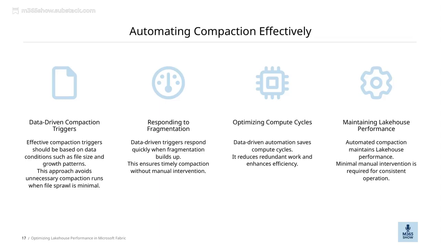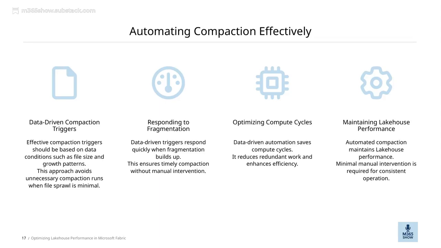Finally, effective data-driven compaction triggers should be based on real data conditions, like file size and growth patterns. This targeted approach prevents unnecessary compaction runs, especially when file sprawl is minimal, making the process more efficient and avoiding over-optimization. Overall, these strategies help us keep the Lakehouse performant, scalable, and efficient, aligning perfectly with our goal of seamless data management.